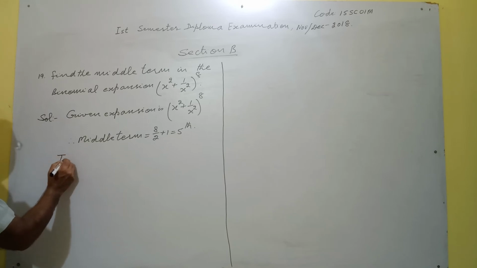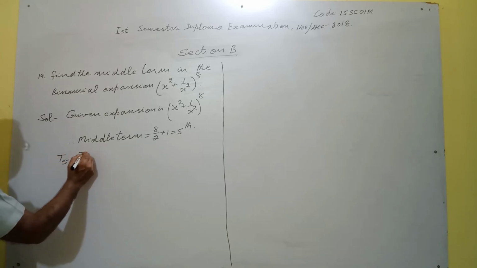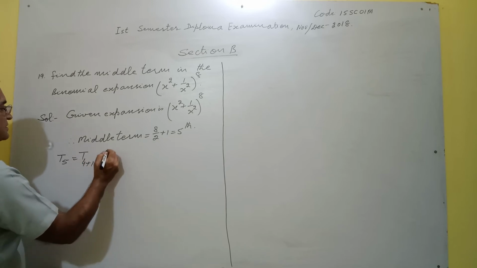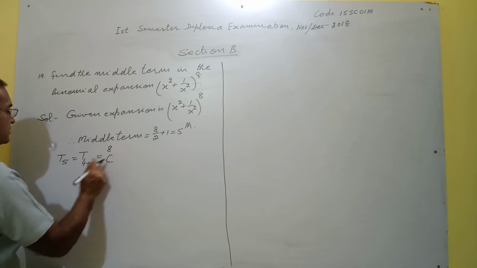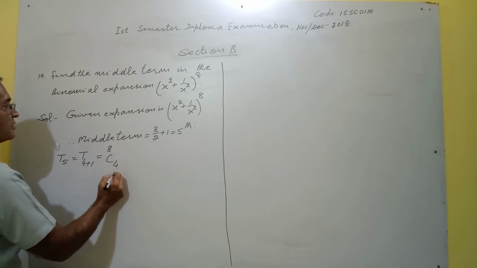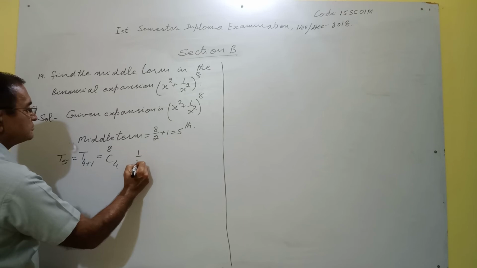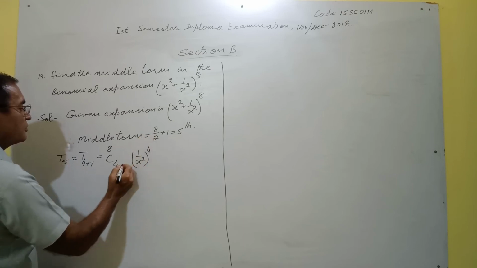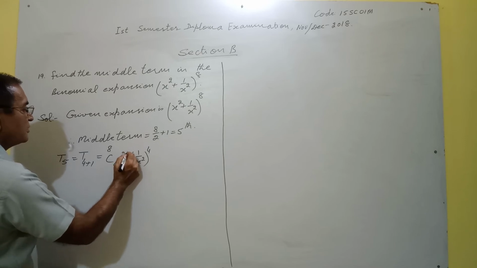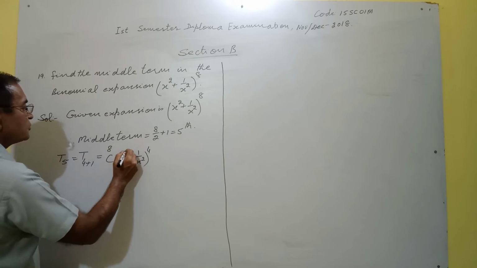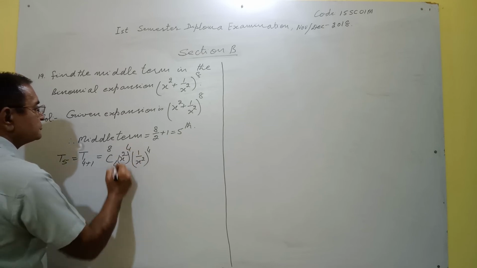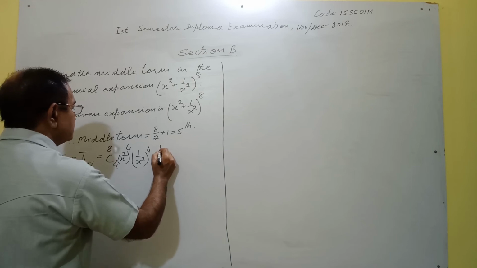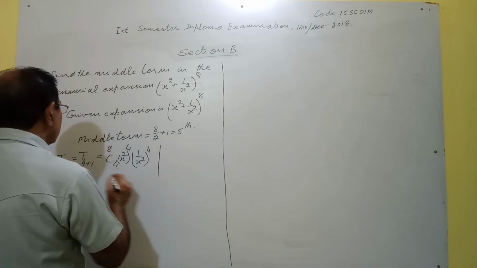So we want T5, which can be written as T4 plus 1, can be written as 8C4, second term power R, that is 4, first term power n minus R, difference of the two.